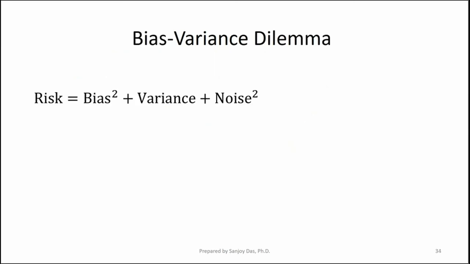So this is a fundamental equation. Risk equals bias squared plus variance plus noise. And the noise is something that we cannot help. And what we can help is the bias squared and the variance.